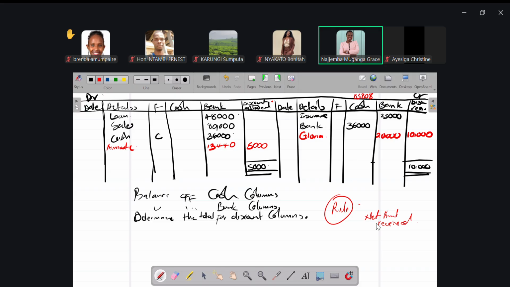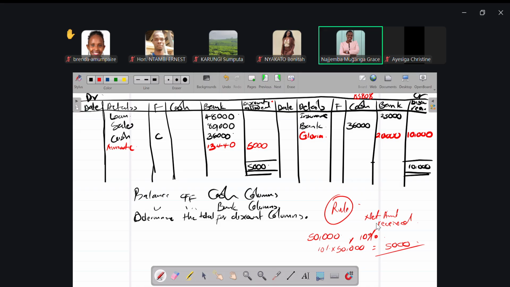So if they tell you that so and so was supposed to pay a total of 50,000, but was given a discount of 10%, that means get 10% times 50,000, which gives you 5,000.